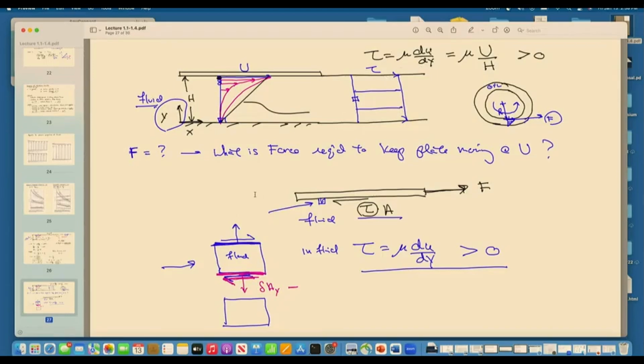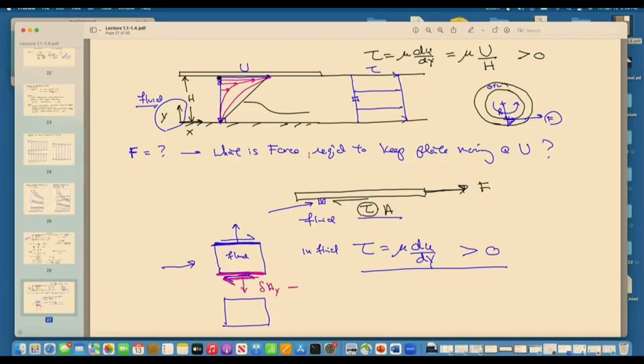Now, the shear stress is force per area. So you want to identify an area, and then you can determine the corresponding force acting on that area. So if my left hand is the moving wall, I want to determine the force of the fluid on the wall, because what force is required to keep the plate moving?